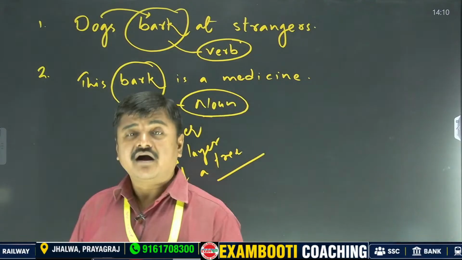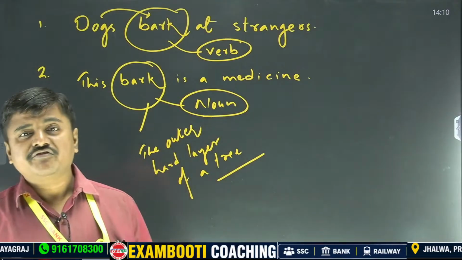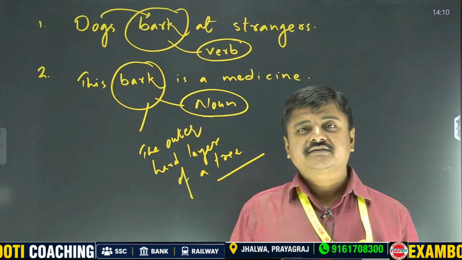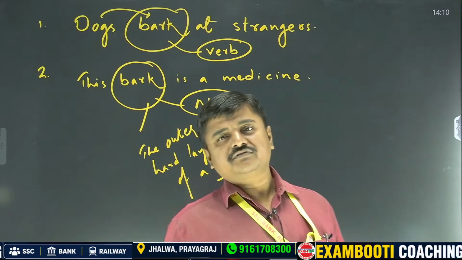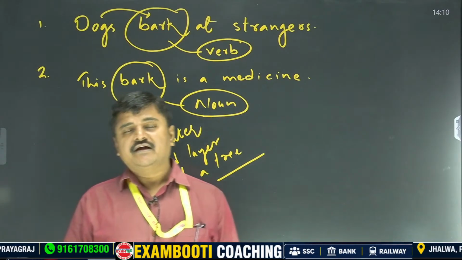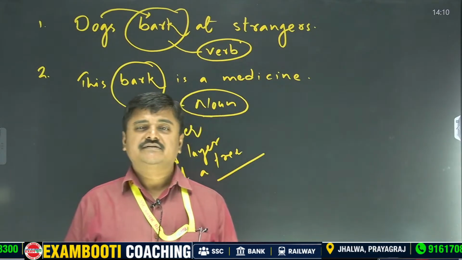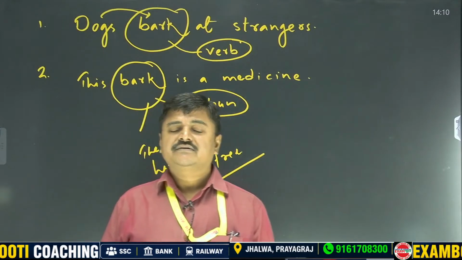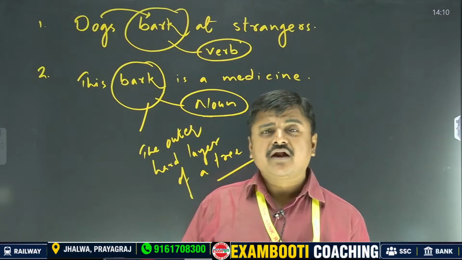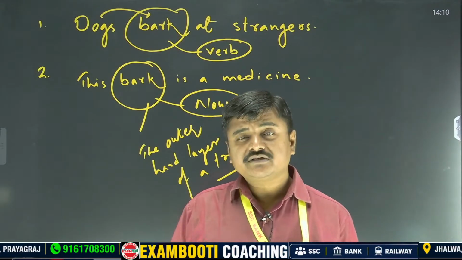The outer hard layer of a tree, that is called bark. Yes, and most of the outer layer of a tree is used as a medicine. So entirely different meaning. You cannot even get closer to it.